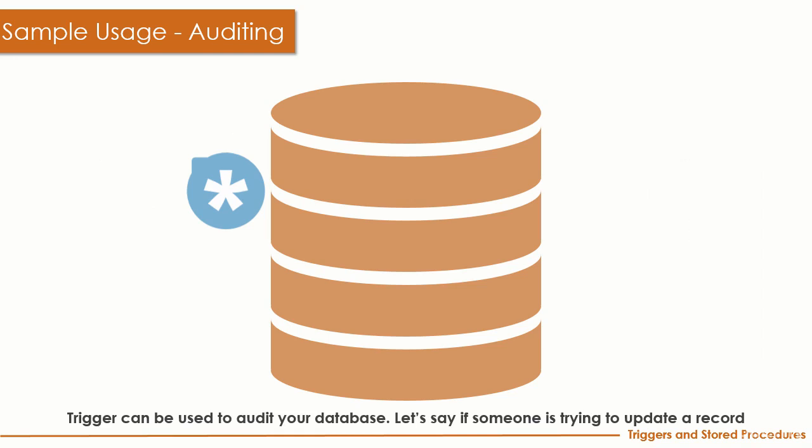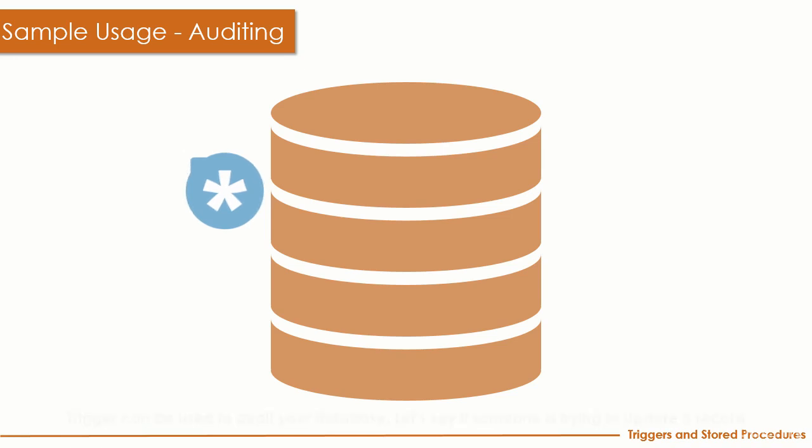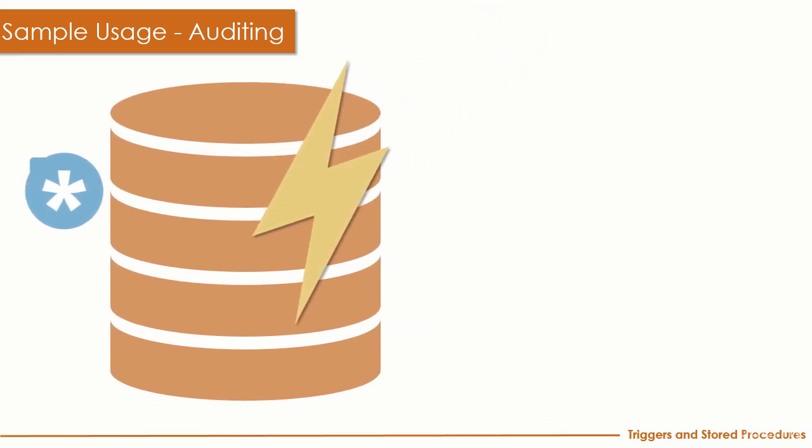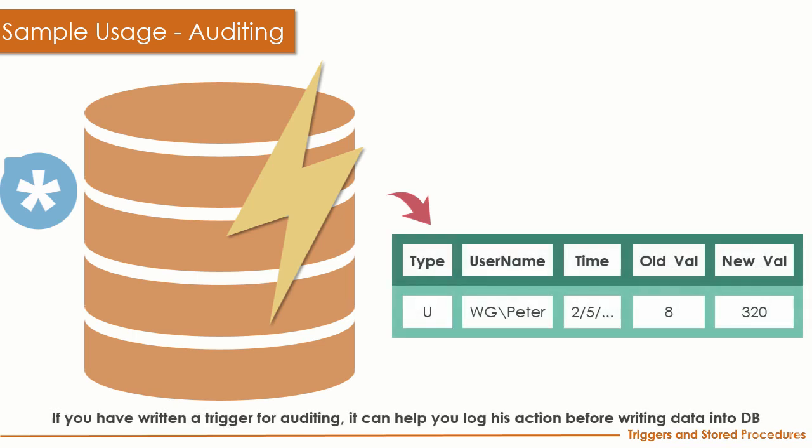Let's say someone updates the database. Of course, we're talking about an update made through some information system rather than typing the SQL. Then the trigger will be executed and it can record the changes in a log in the database.